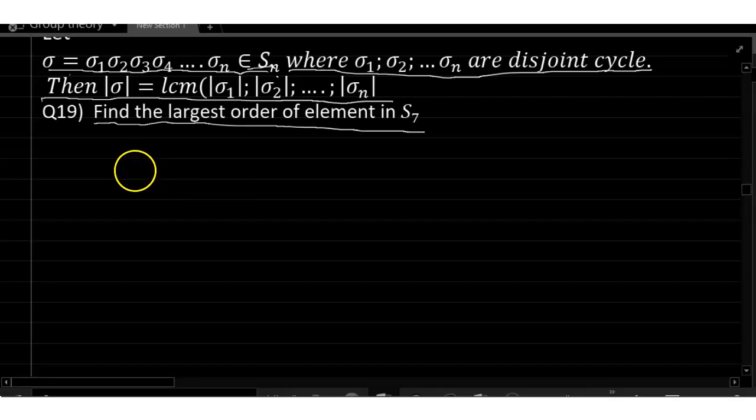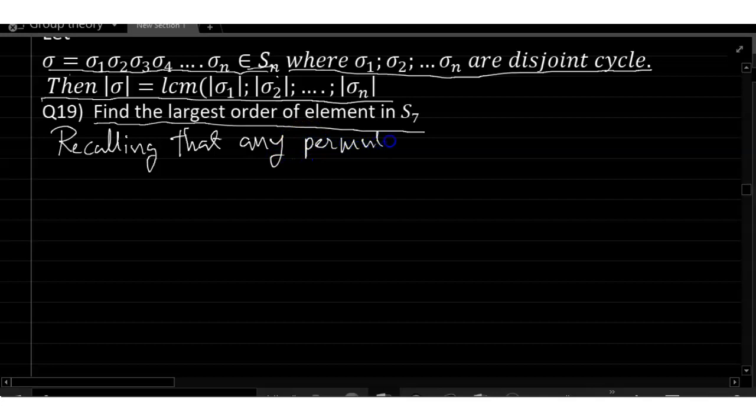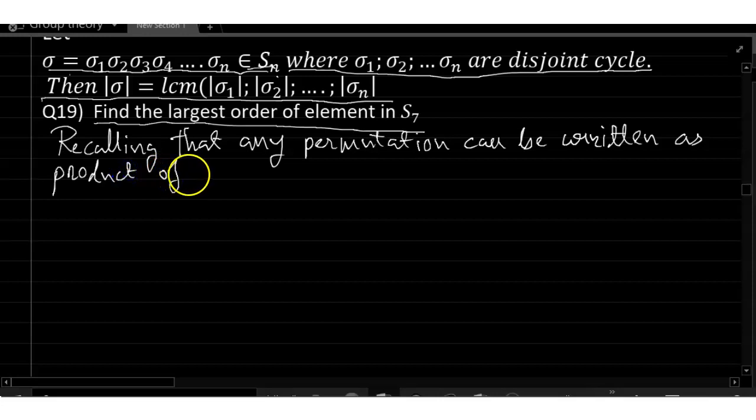So recalling that any permutation can be written as a product of disjoint cycles.